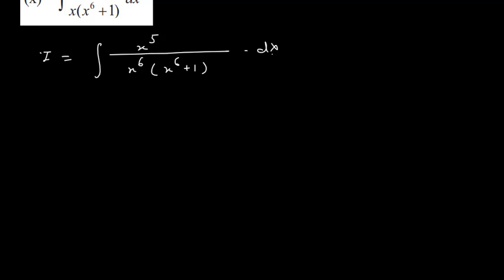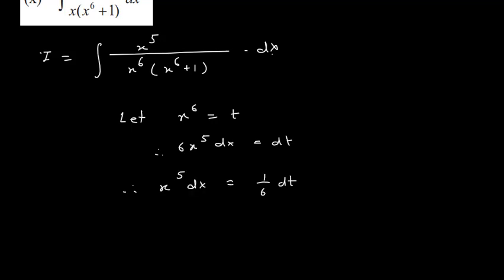Either you replace x power 6 plus 1 with t, or you replace x power 6 with t. So let me write x power 6 as t. So here let us consider x power 6 is t. Therefore 6 into x power 5 dx will become dt. So x power 5 dx will become 1 upon 6 into dt.